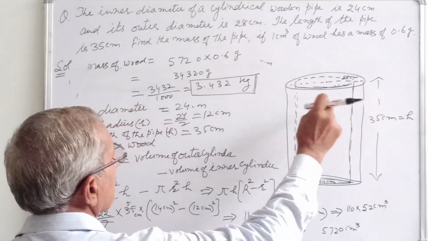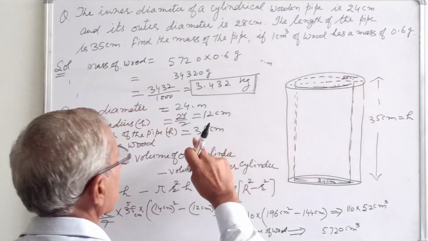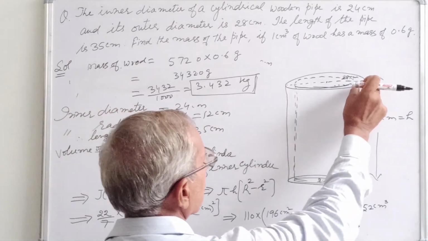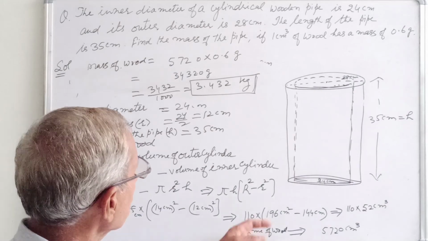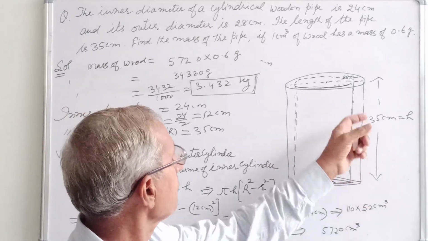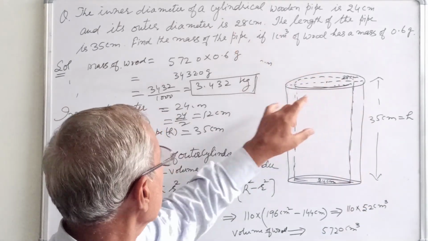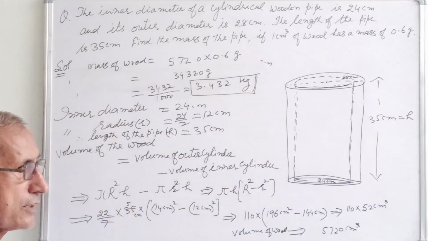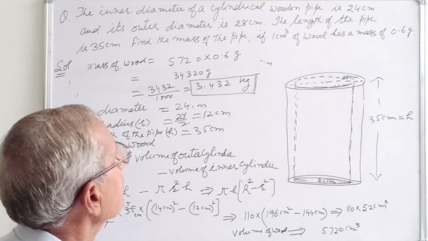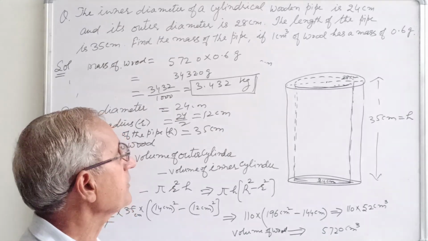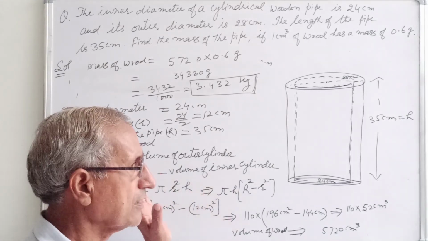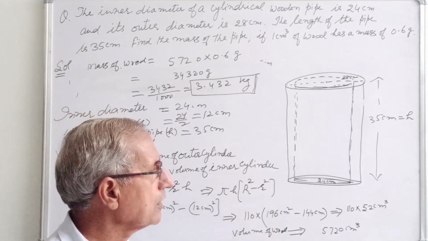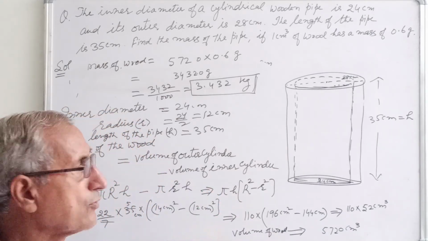So outer radius 14, inner radius 12. The thickness will be 14 minus 12, 2. That's the 2 centimeter thickness of the wood. Therefore the total mass is 3.432 kg.